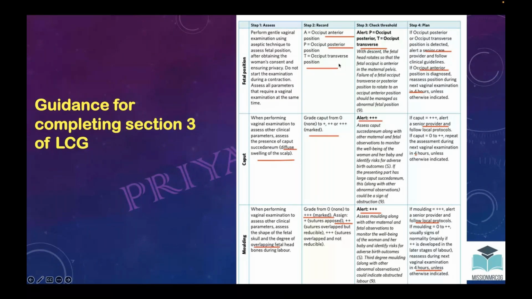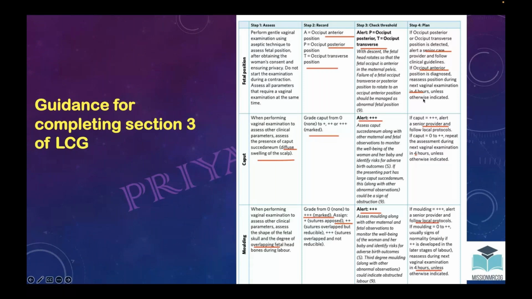Occipito posterior is an alert, transverse position is an alert. If you find any alert, please circle it. And what will be your plan? If P or T is there, the senior healthcare professional is to be informed. And if it is anterior, the next examination will be in 4 hours. The role player asked this in the exam.